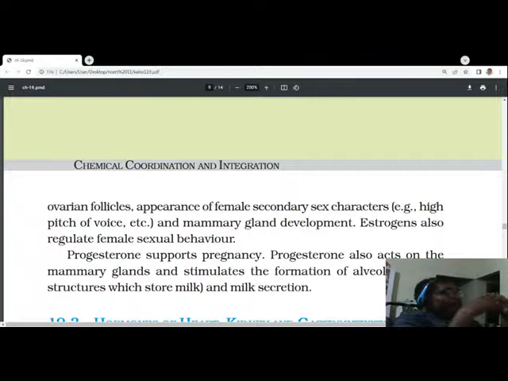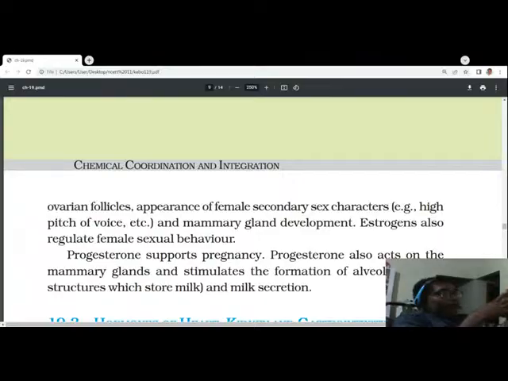Testes in males produce secondary sexual characteristics such as development of facial hair, mustache and beard, and as well as deepening of the voice.